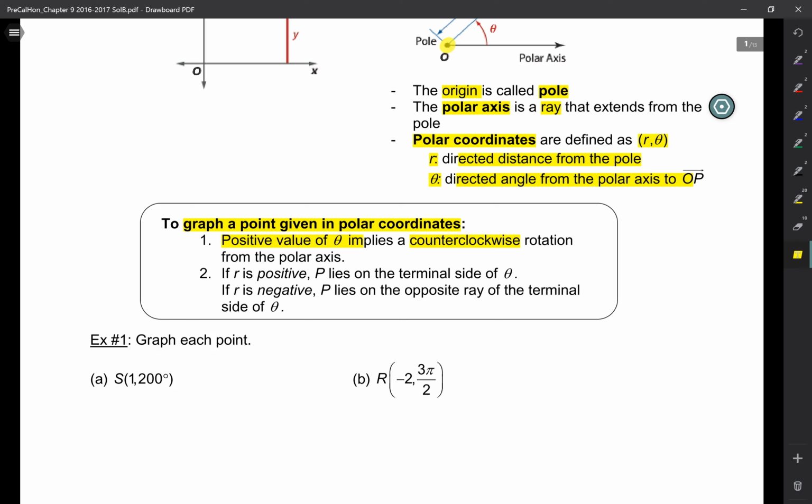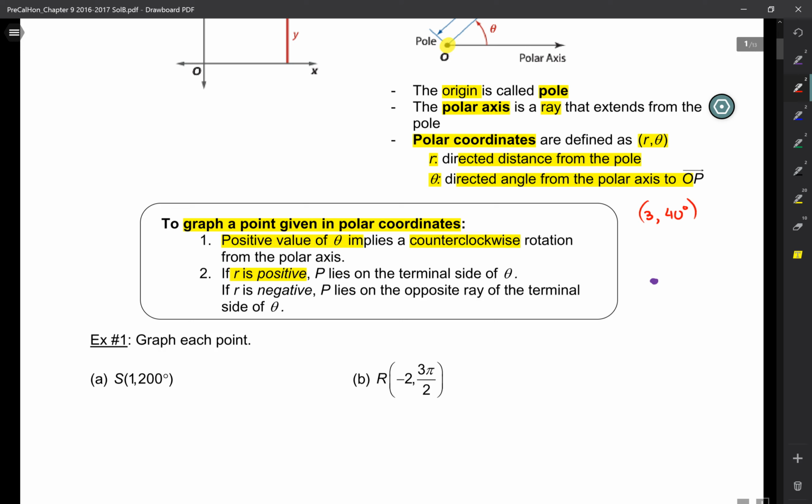Now, how about r? Remember I said the polar axis is a ray? So it only extends in one direction. That means if I have a positive value of r, I do my ray and my point is on that ray. So suppose I want to graph something that is 3 units, so (3, 40 degrees).